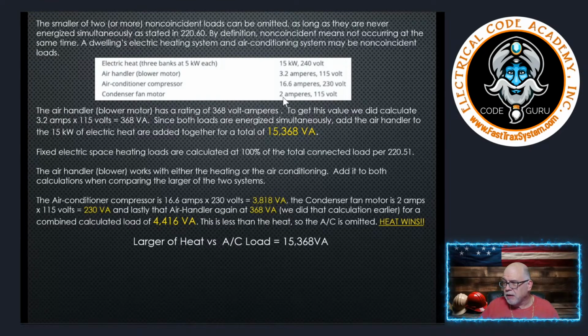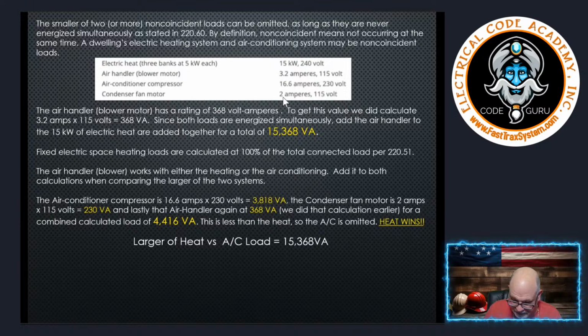Now, for me, immediately, since I know that it wasn't larger than the heat, I would have immediately done the air conditioning compressor and taken that 3818 at 125% plus the 230 and the 368. I would have just done that immediately, okay? And that is probably the best thing you should do. But in this case, I'm going to do that.